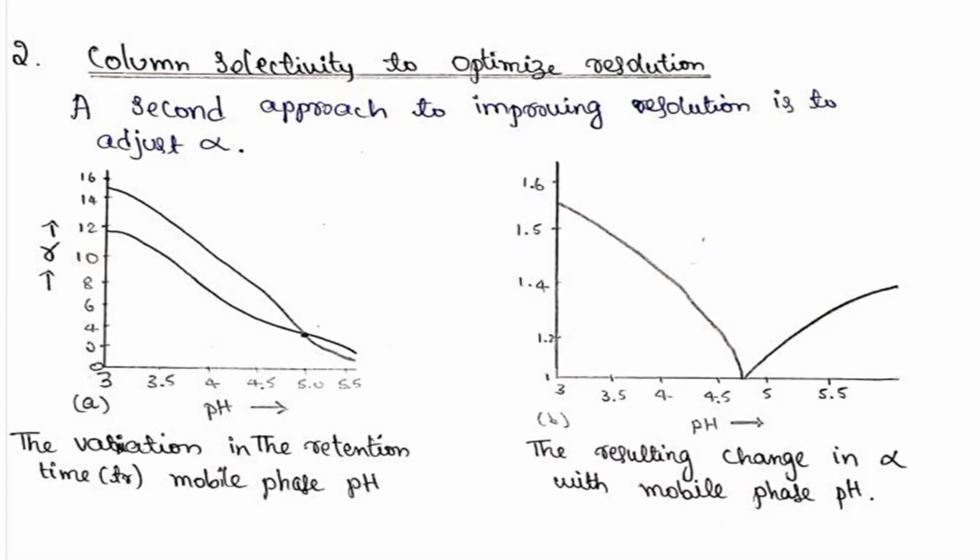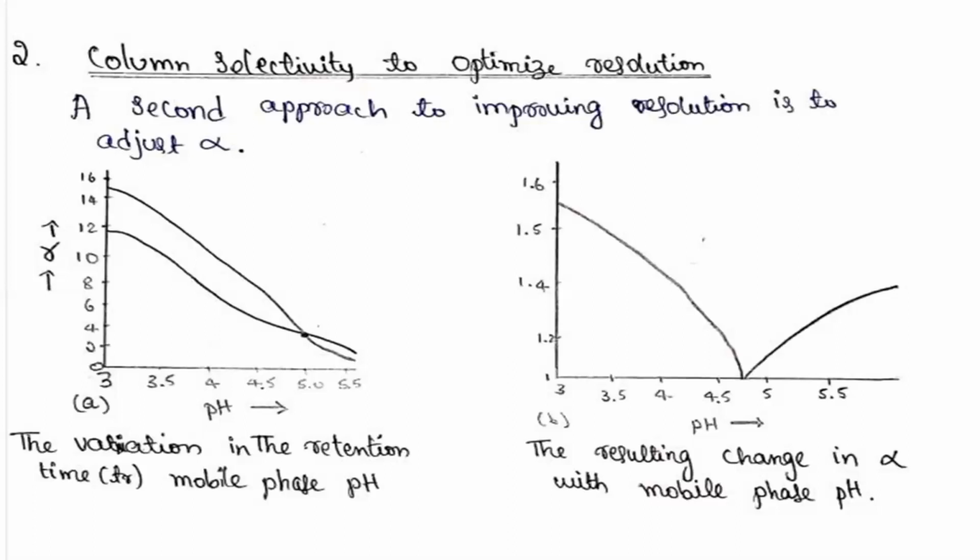In fact, when alpha is nearly 1, its retention index, it is usually not possible to improve the resolution by adjusting the capacity factor or N. Changes in alpha often have a more dramatic effect on resolution than the capacity factor. For example, changing alpha from 1.1 to 1.5 improves resolution by 267%.